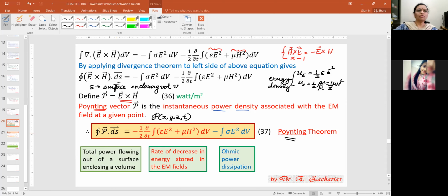I hope you remember the definition of power. You have studied power as, what is power? Power is rate of doing work, or work done per time. And what is the unit? It is joules per second.